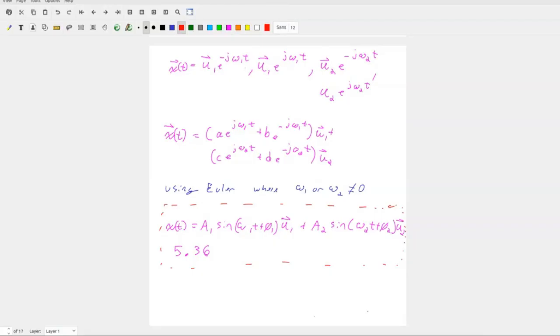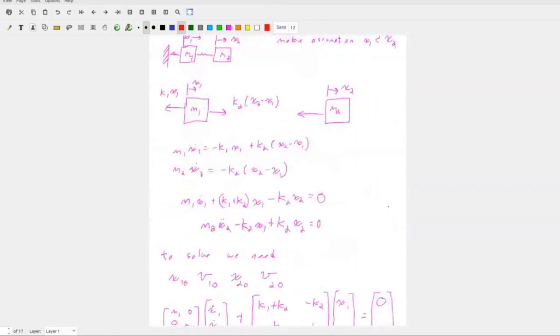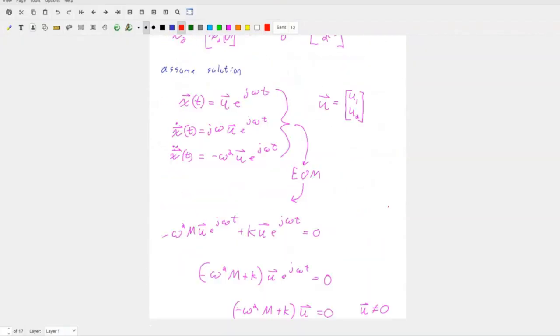All right. So we found the solution by assuming a solution, solving through until we hit the characteristic coefficients here. And then we said e to the j omega t can equal 0.